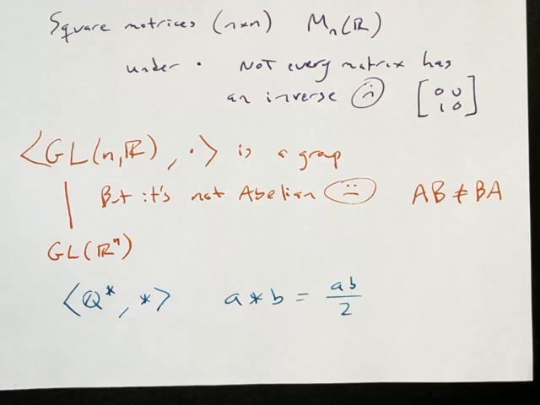Here is a brand new operation. On Q star, careful, non-zero. If it was a plus, then it would be non-negative. This is non-zero. The star of A and B is AB over 2.